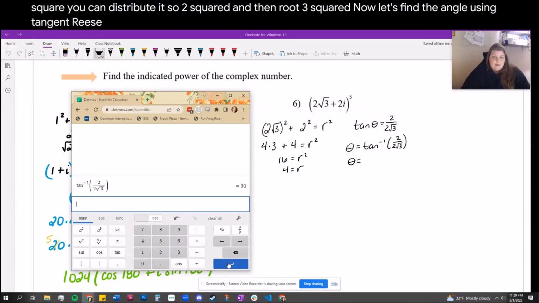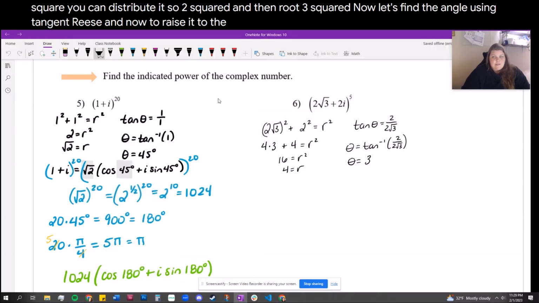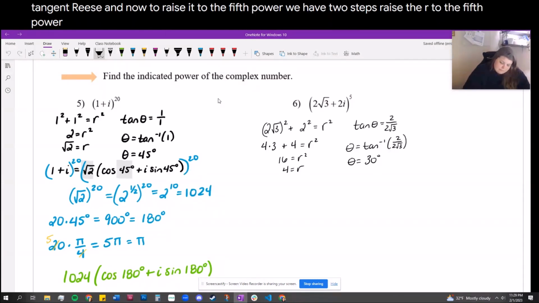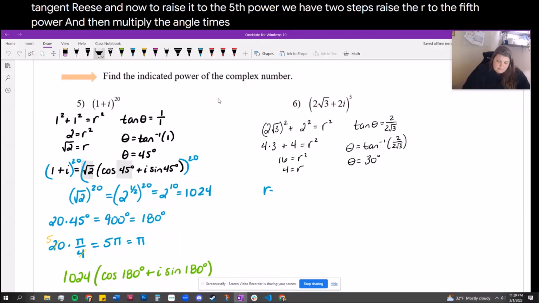And now to raise it to the 5th power, we have 2 steps. Raise the r to the 5th power, and then multiply the angle times 5.